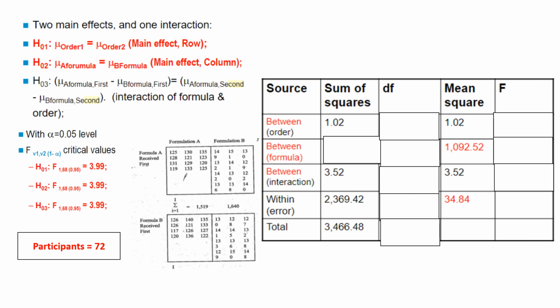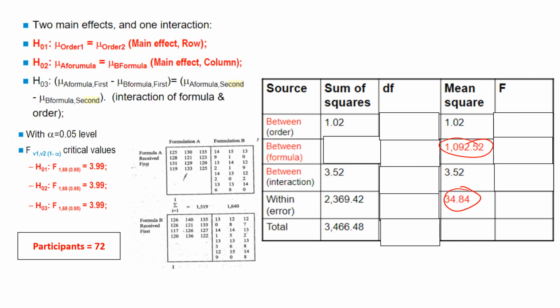So the way that we get our f value is that we do our mean squared divided by our error within. We have to do that for each of these to get an independent f value for each. So we'll do 1.02 divided by 34.84.